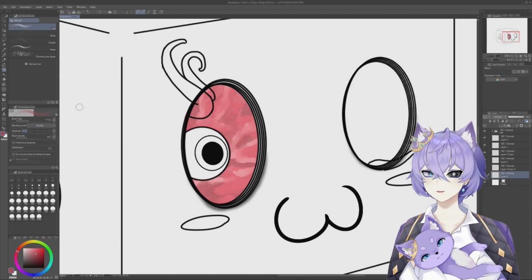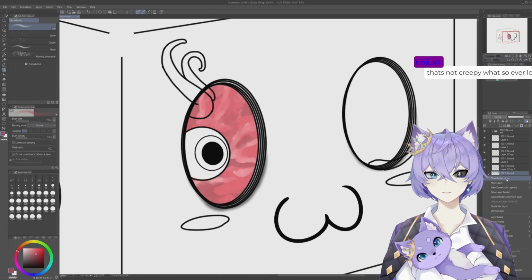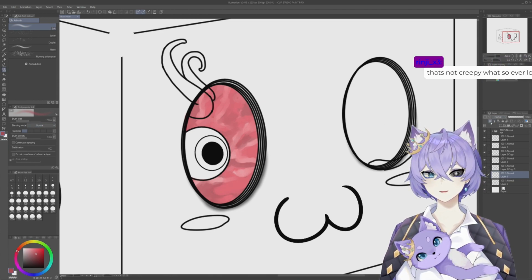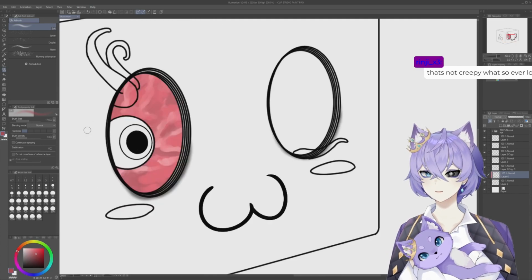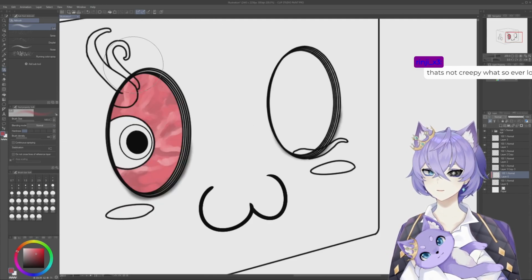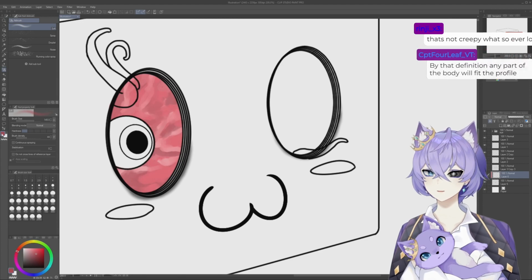Okay, and then we take the airbrush. Alpha that down. I can probably make that even darker.